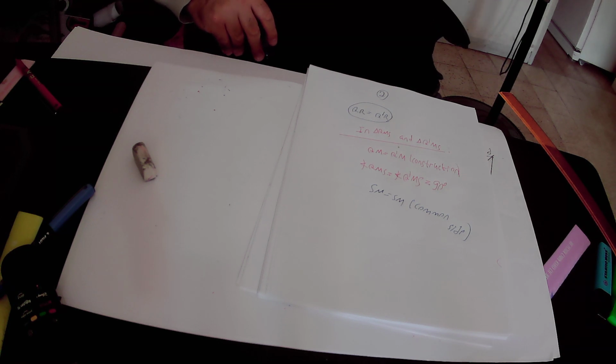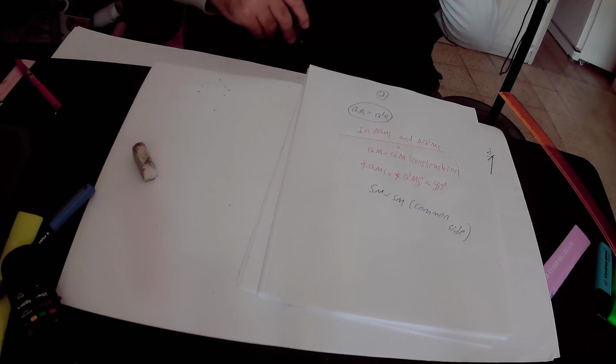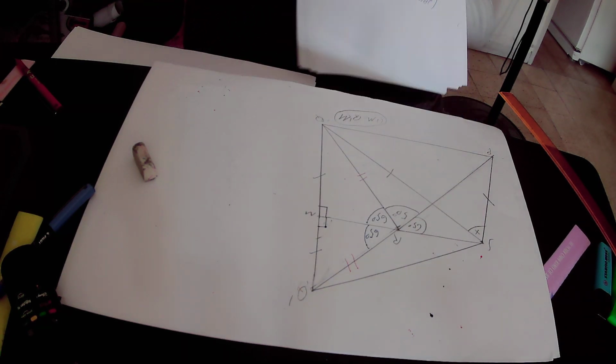So we actually proved that the triangle QMS, the big right triangle, is congruent to the big right triangle QDSMS according to the side angle side rule. Okay, so I write it down.